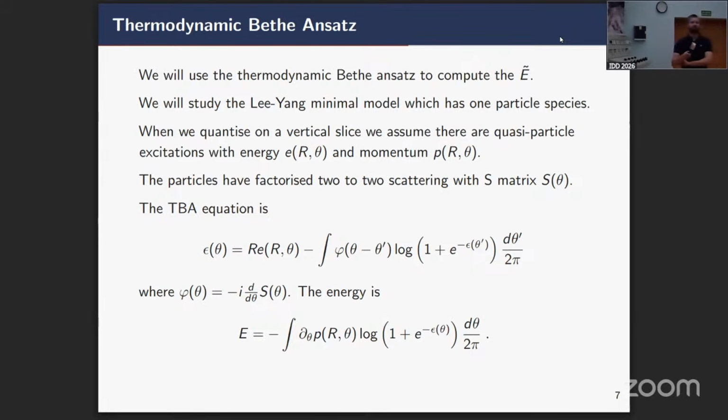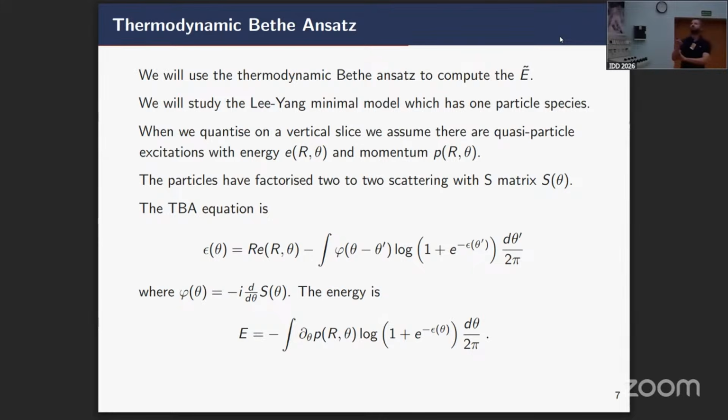So I assume that I can think of this 2D CFT as some set of quasi-particles with a 2-to-2 scattering. So it's integrable. And then once I solve this nonlinear integral equation, I then plug in my solution epsilon into this integral here, where P is then the momentum of these quasi-particles. And this will give me the energy of my theory.